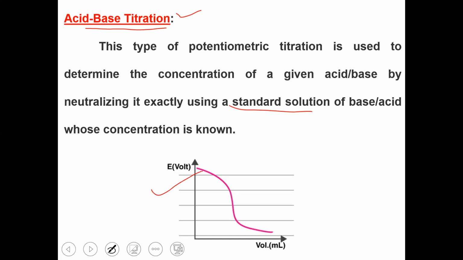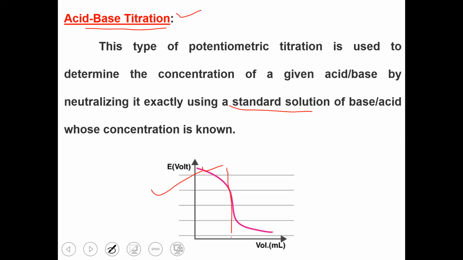See this one. After completion of the experiment, you can easily plot the values obtained from the experiment, that is EMF values versus base volume. Then this type of graph will be obtained.